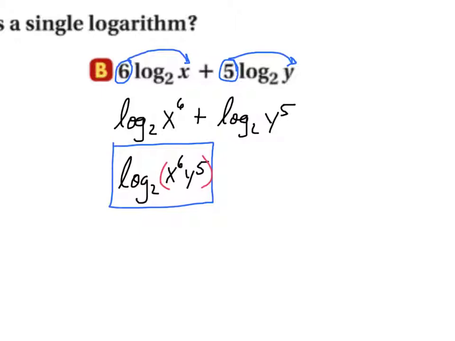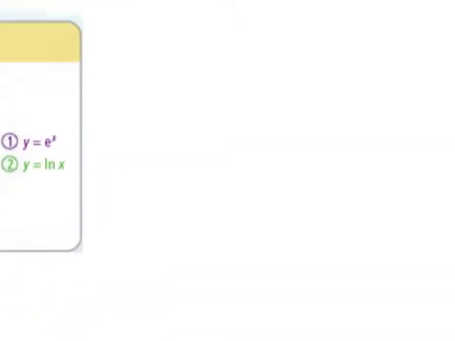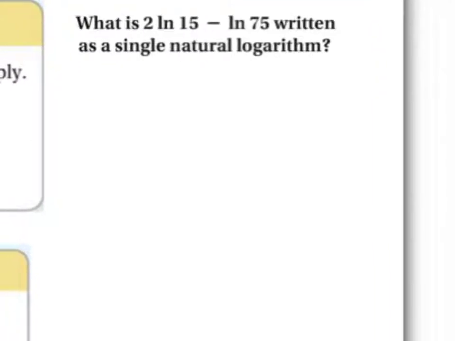All right, let's do one more example here. One more example. We want to know what is 2 natural log 15 minus natural log 75. Okay, well again, if we're trying to put things together, we can't have the numbers out in front, just like that last example.